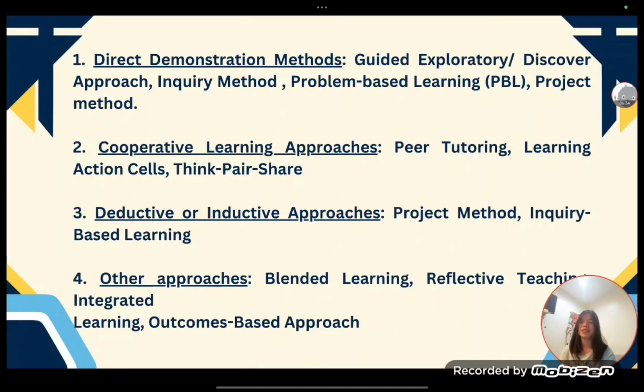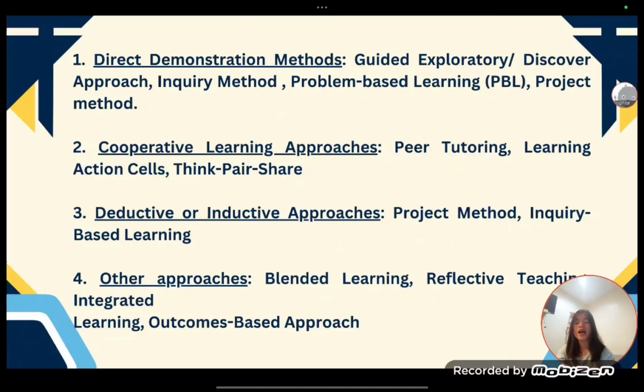Deductive or inductive approaches focus on reasoning and logical thinking, either by introducing general principles first, which is the deductive, or deriving principles from examples, which is the inductive. I already tackled the project method and the inquiry-based learning.